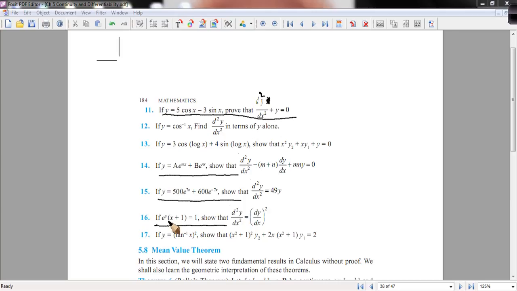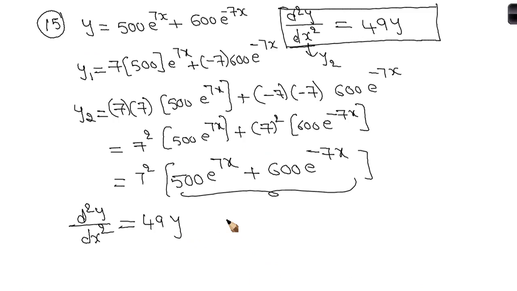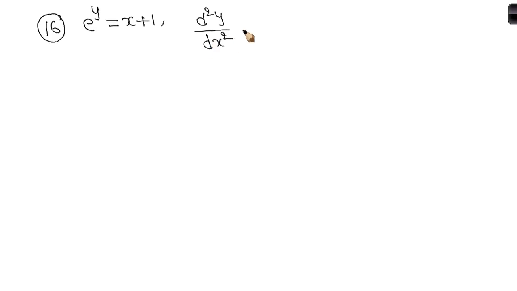If e power y into x plus 1 is equal to 1, show that d square y by dx square is equal to dy by dx whole square. I need to show this.